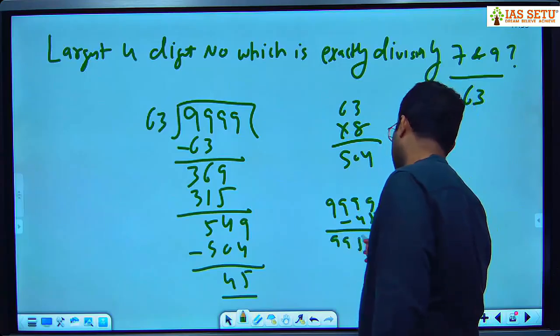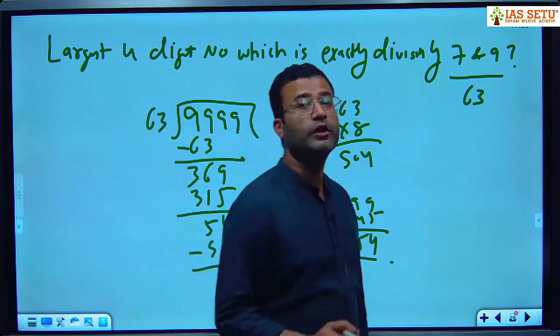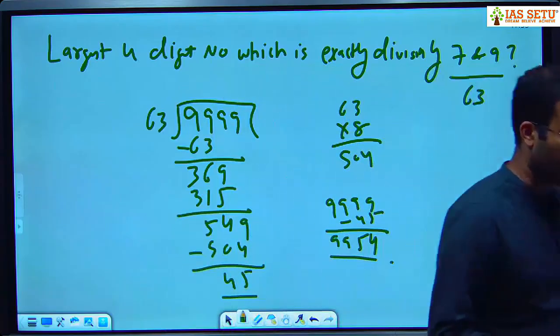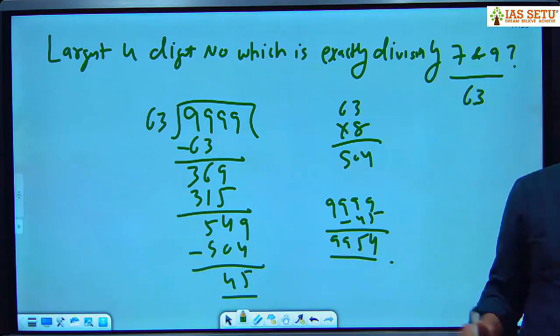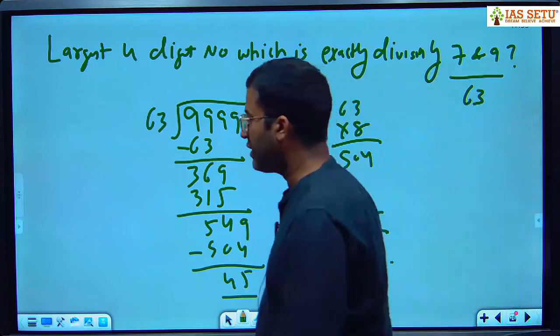So 9954. 9954 is the largest 4-digit number which is exactly divisible by 7 and 9. Any doubt in this type 4 question?